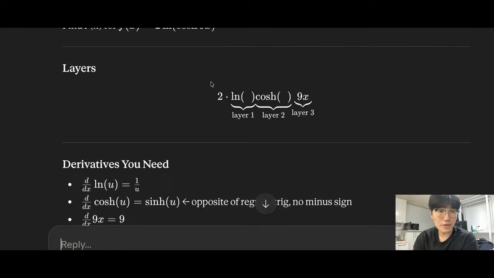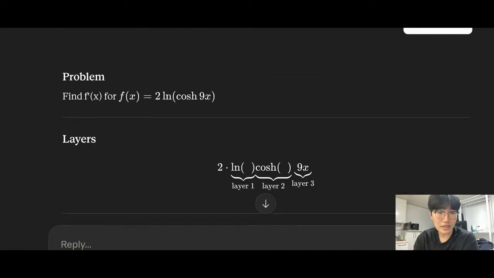So the derivative of 2 ln cosh 9x. So 2 ln times cosh 9x.